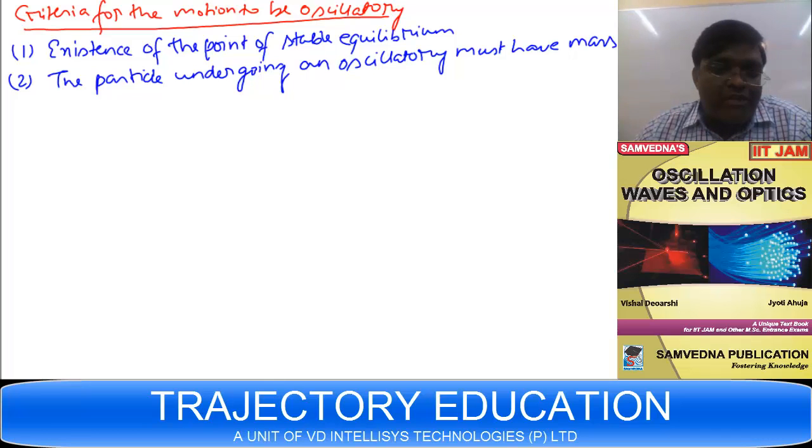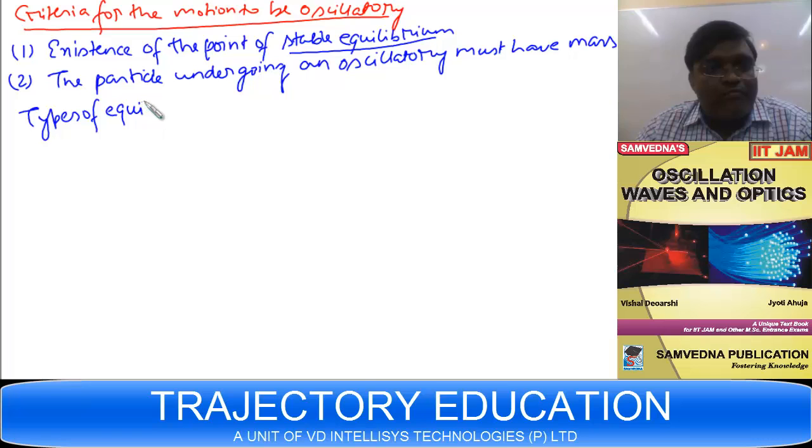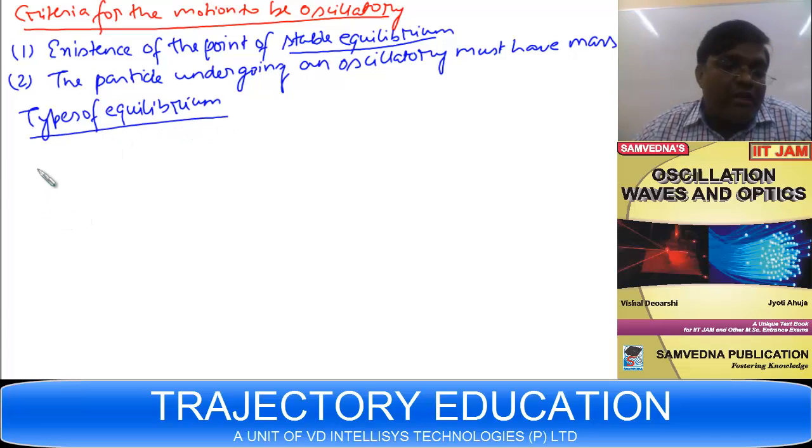First of all, I'll discuss what is stable equilibrium. When do you say the equilibrium to be stable? First of all, what is equilibrium? Let me discuss the types of equilibrium.